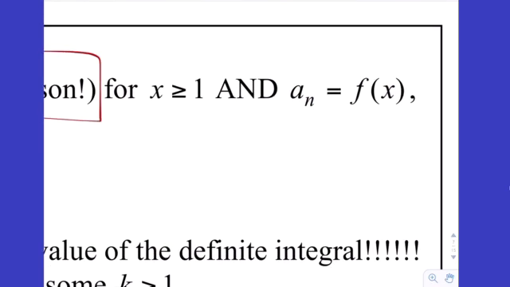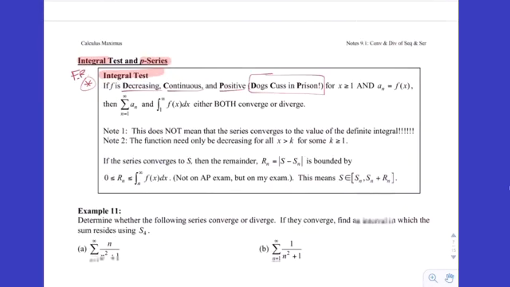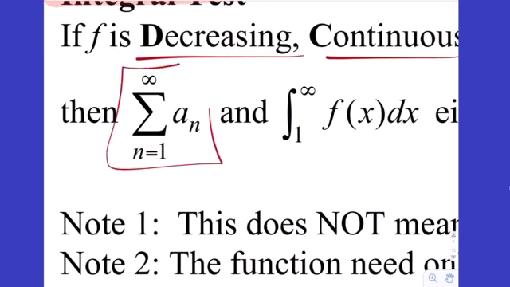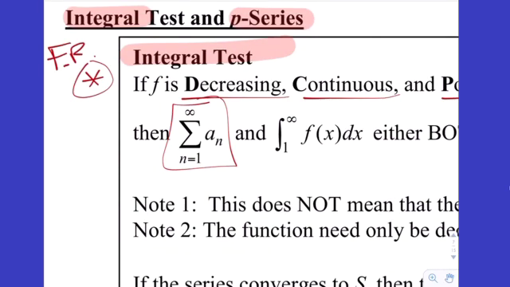For x greater than or equal to 1 and a sub n equals f of x. Okay, so here's the integral test. If you're trying to evaluate an infinite series and your rule of sequence is a sub n, if a sub n is decreasing, continuous, and positive, then if you integrate the exact same function from the same number to infinity, but now as a function of x, the integral and the sum are going to have the same behavior.